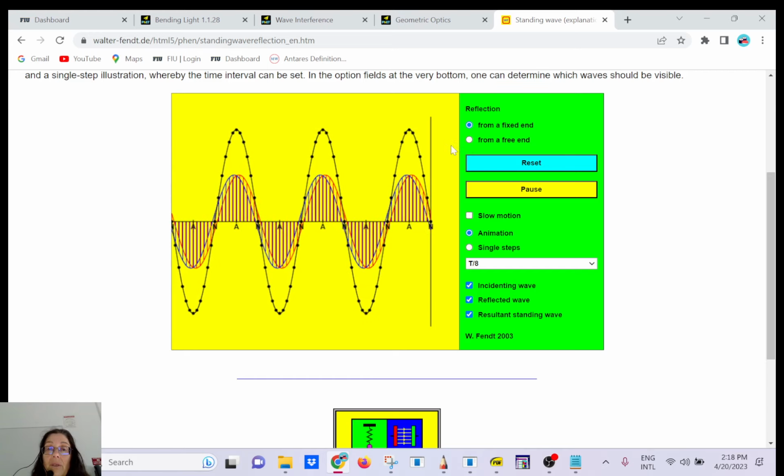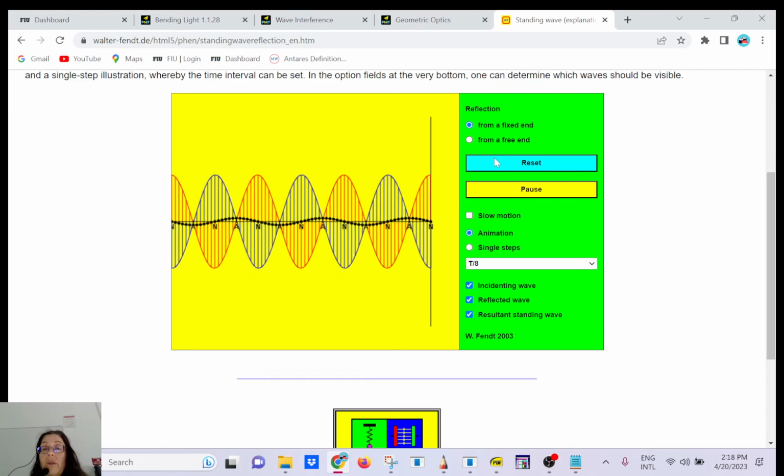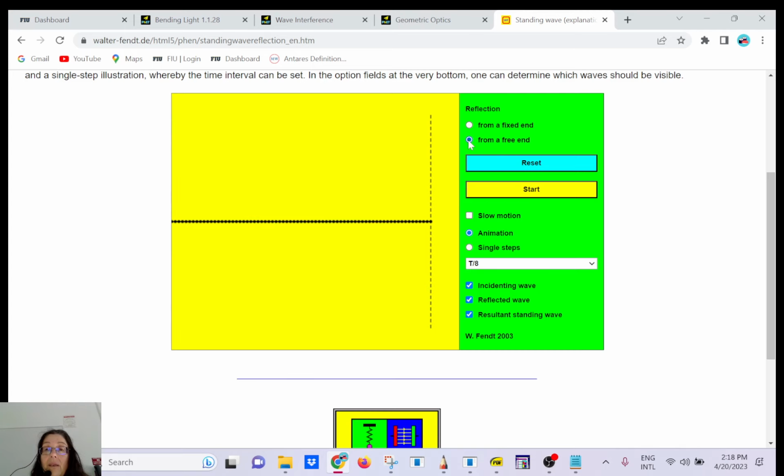I can make it so that both ends are closed, and that could be a guitar. I forgot the difference between a flute and a clarinet, but I think this could be a clarinet, where one end is free to move, and it's also going to be reflected.